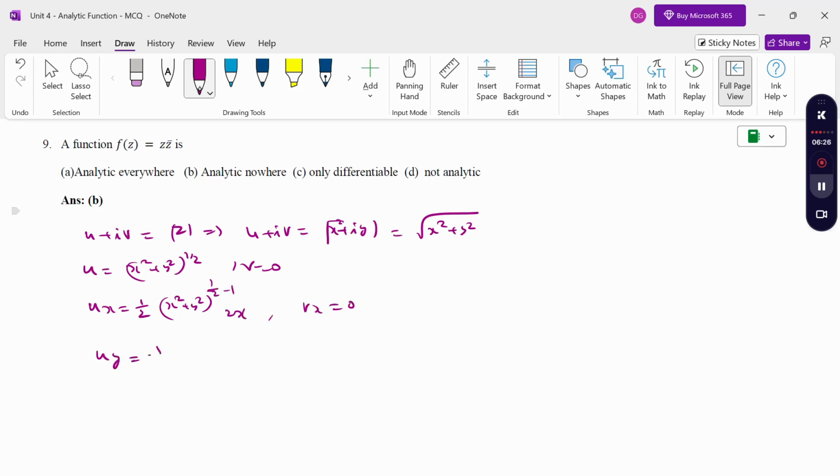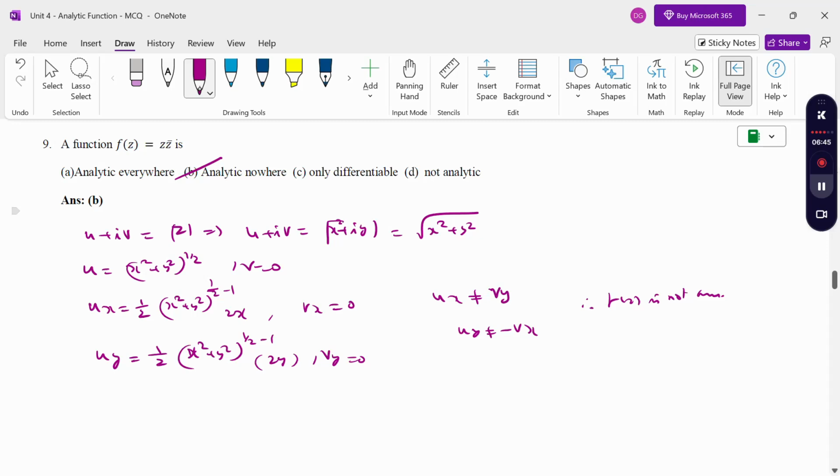Then uy is 1 by 2 x square plus y square power 1 by 2 minus 1 into 2y, then vy is 0. Therefore ux not equal to vy, uy not equal to minus vx. This is not analytic. F of z is not analytic. So analytic nowhere, option B.